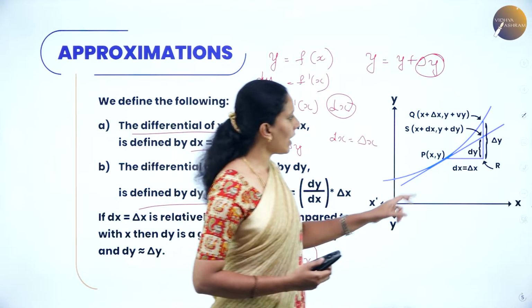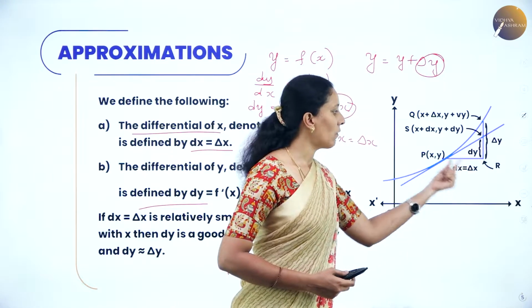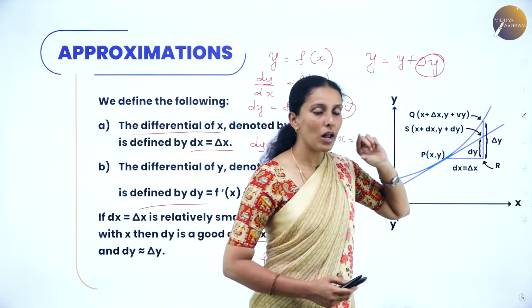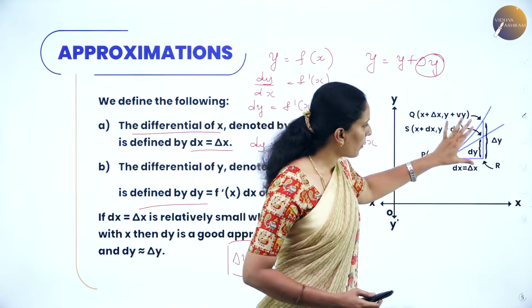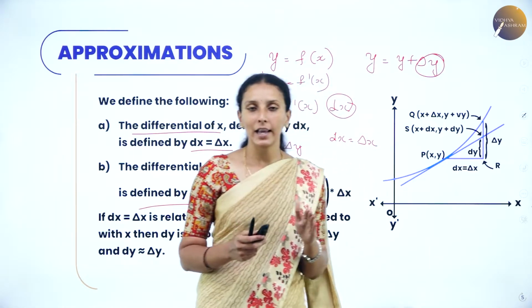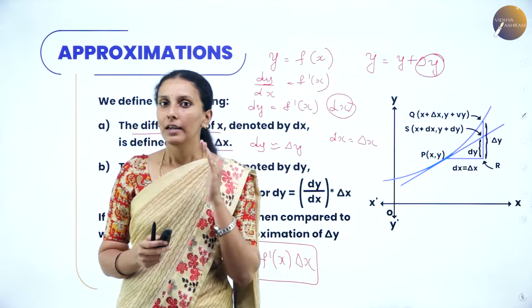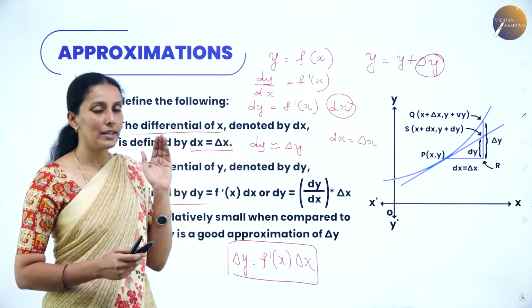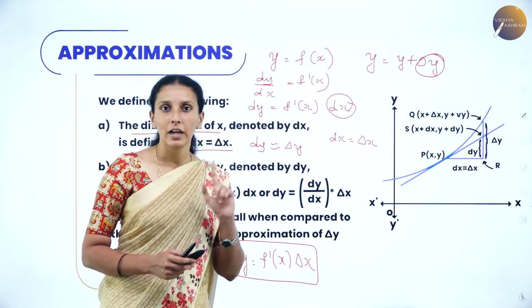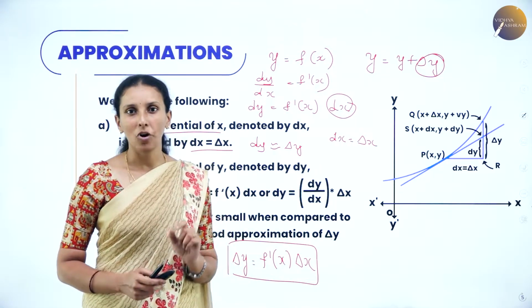Here, I have taken dx is equal to delta x. Thus we can take delta y, which is a small increment in y, as approximated to dy. Whenever these two are equal, we can take dy as delta y, and delta y is given by f dash of x into delta x, where delta x denotes the small increment of x.